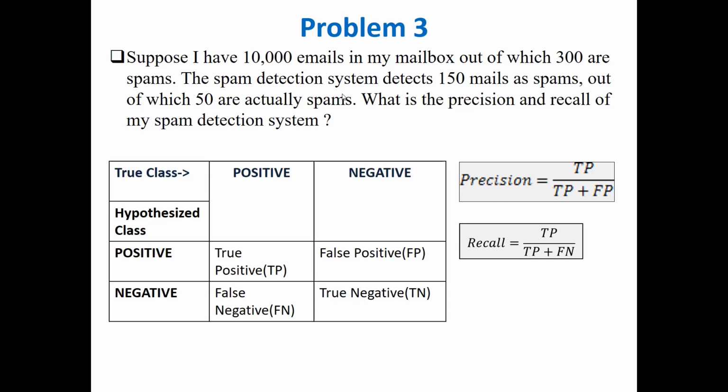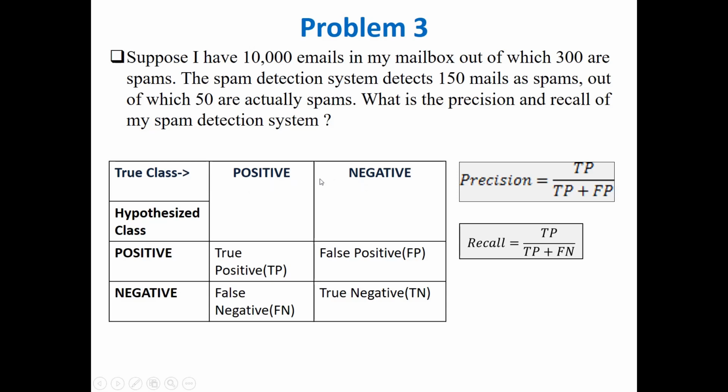Suppose 10,000 emails are there in my mailbox, out of which 300 are actually spam. Here the rows are the true class, that is the actual class, and vertically the columns are the hypothesized class, that is the predicted class. Hypothesized class you can call the predicted class. So what is the true class? There are only two classes, spam or not spam.